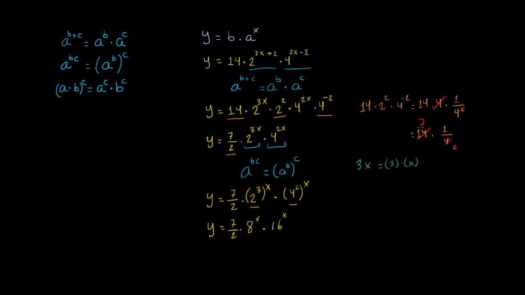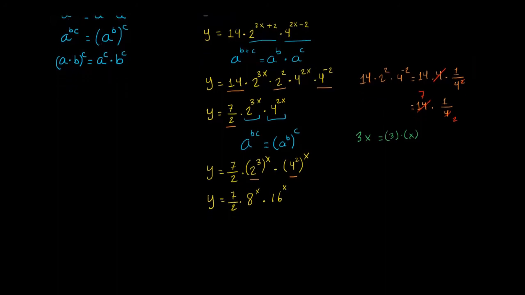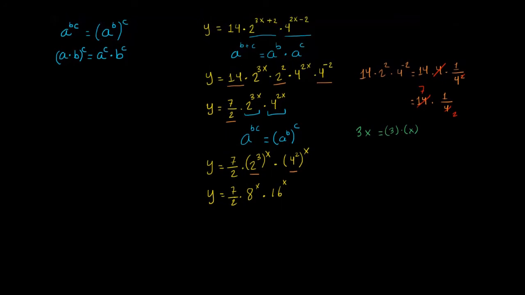And now that I've got to this point, I'm going to scroll down a bit just to have more space. Now I'll be able to use this third rule to simplify these things.